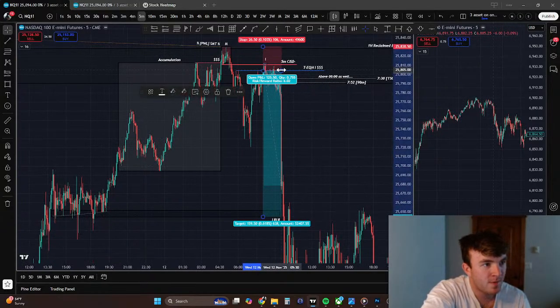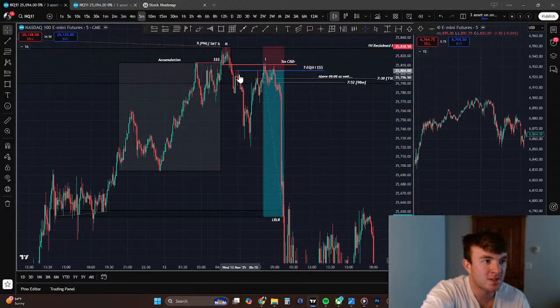So I would just soup above the triple equal highs, and with that in mind, I'd probably just use this change in state instead.